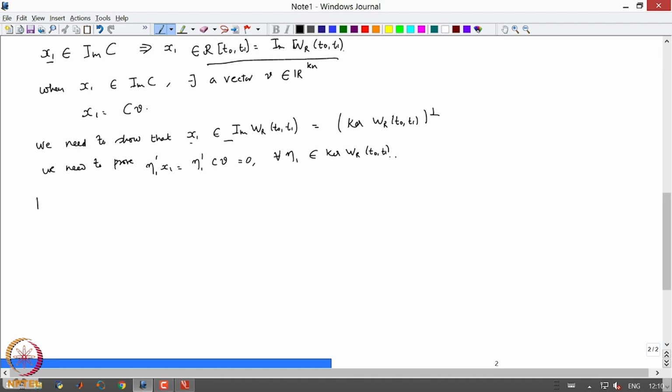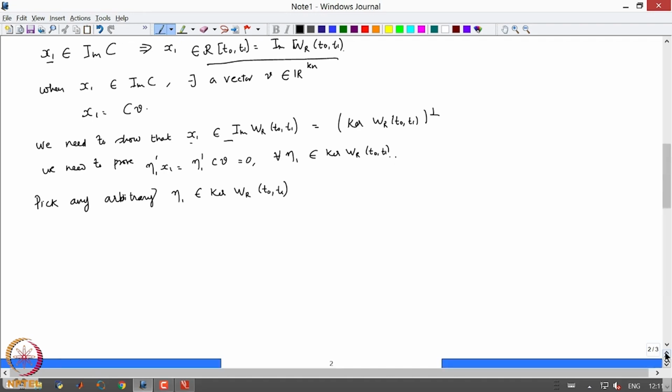Now, to verify this, just pick any arbitrary eta 1 from the kernel of W R. If you recollect our earlier proof, in one of the last steps of proving this equality we had something like b transpose of tau, phi transpose of T 1 minus tau, times eta 1 equal to 0.